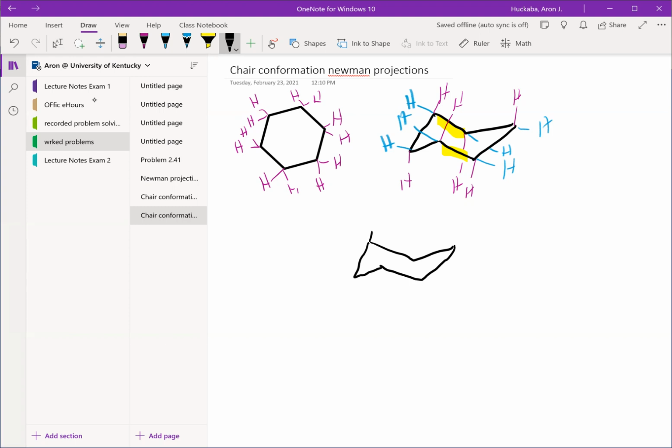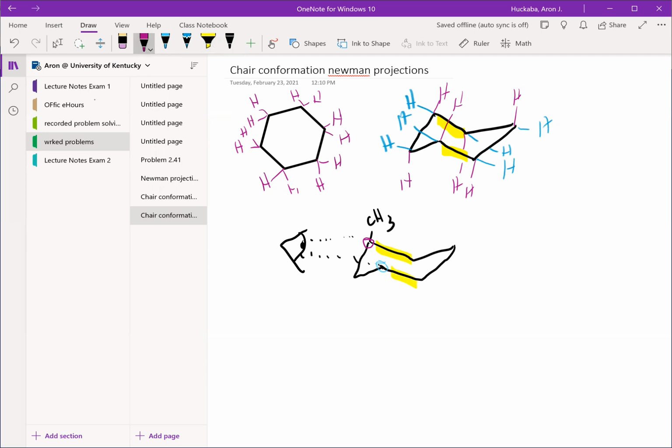So if we had, for instance, a CH3 group here, we could draw a Newman projection where we're looking at both this carbon and this carbon at the same time, where instead of just having one hidden bond, now we have two.